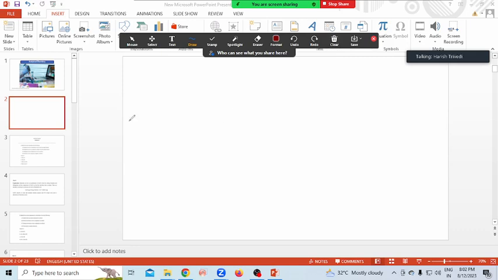Then suppose we will discuss one reaction: nitrogen plus hydrogen gives ammonia. Suppose you are taking hydrogen here and nitrogen here, so 2NH3.